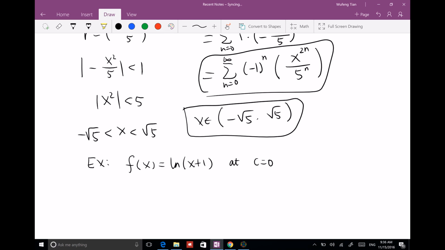So for this example, do I have a over 1 minus r? Or I don't. So can you tell me what do you think I need to do here? Could we rewrite it as 1 over x plus 1? Okay, so you said f(x) is 1 over x plus 1, but I changed the function, right?